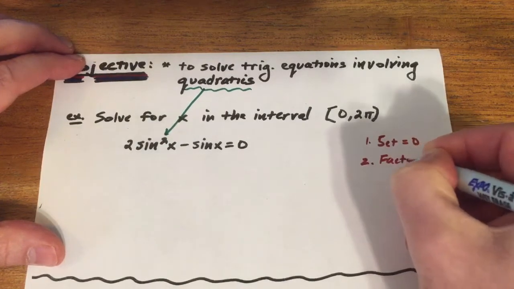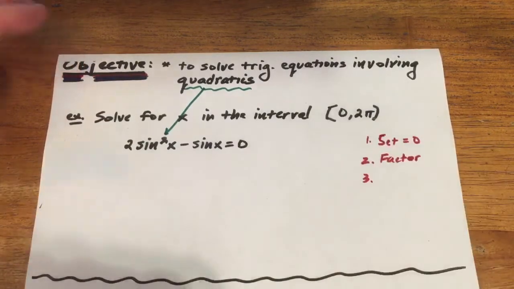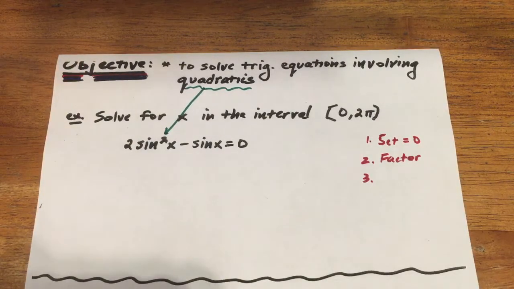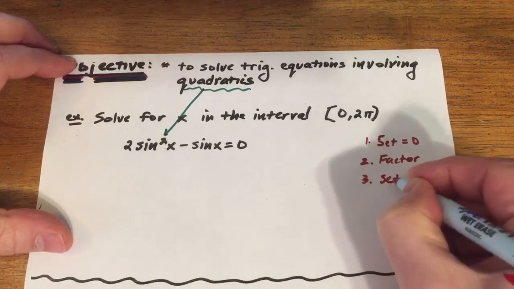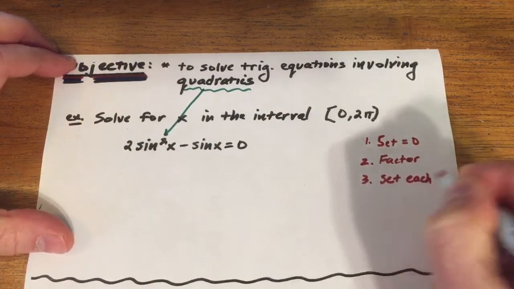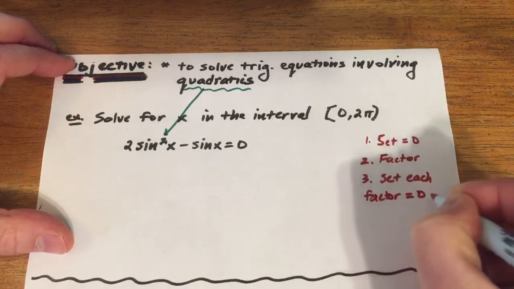Keep in mind, we always take out our greatest common factor first. And then the third thing that we try to do is to use our zero product property, or some books call it the zero product principle, to set each factor equal to 0 and solve.